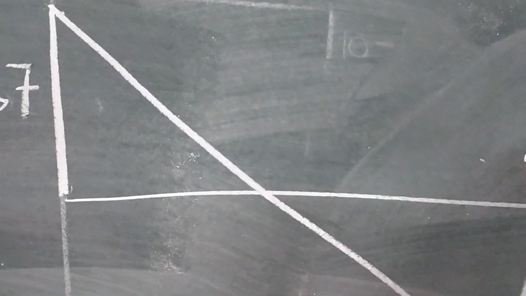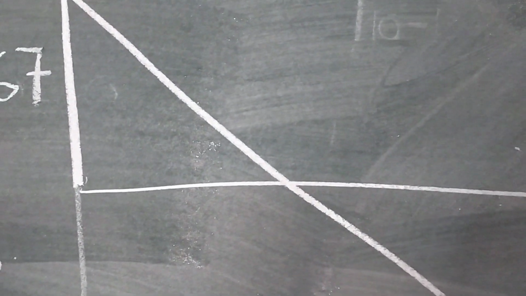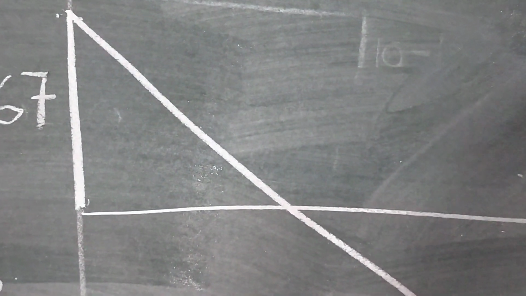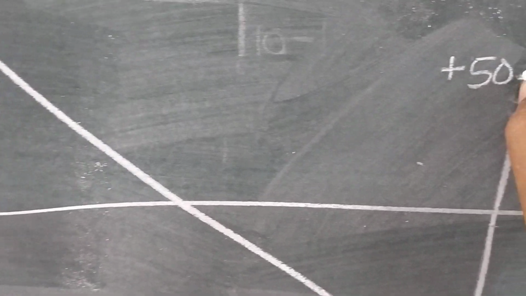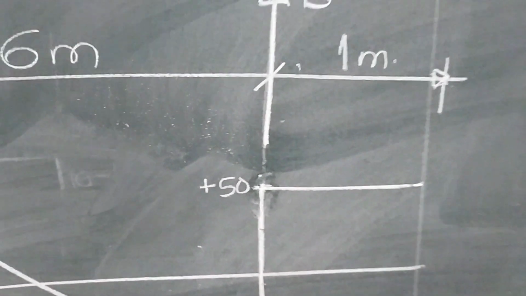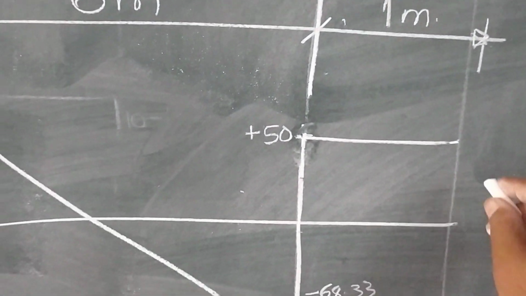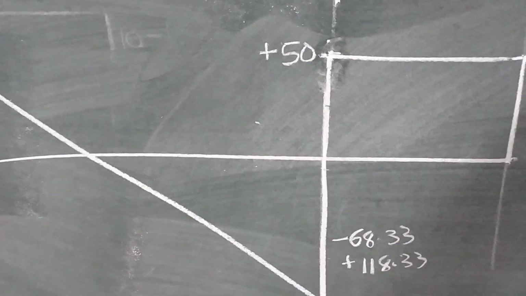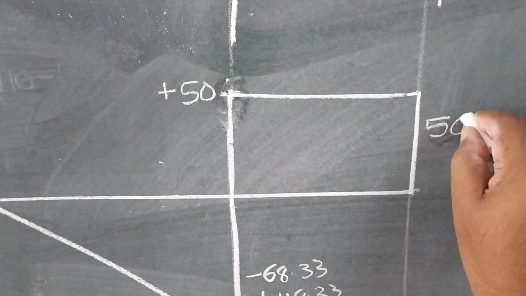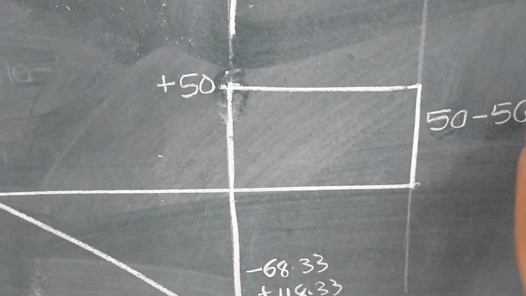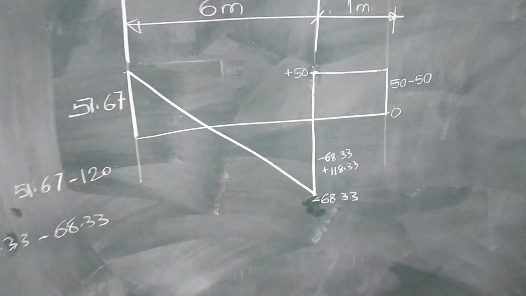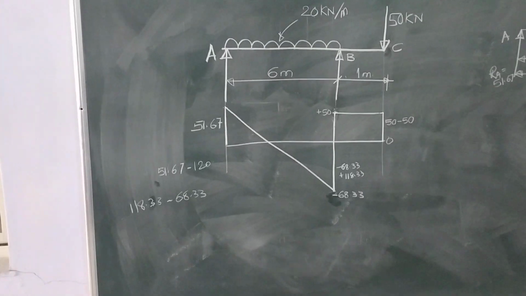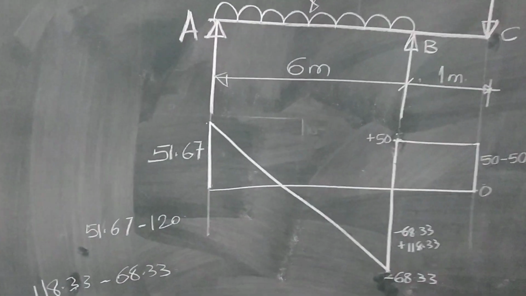So here it is plus 50, and a straight line till point C. At C, plus 50 minus 50, so it is 0. So this is nothing but our shear force calculation and shear force diagram.